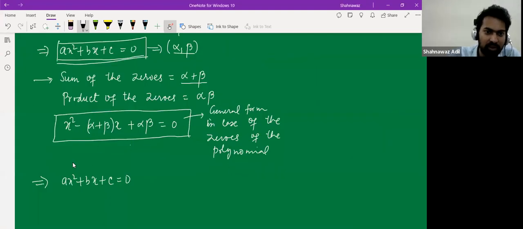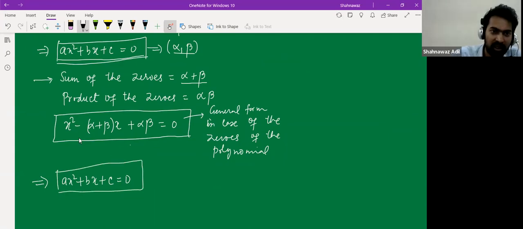So this is the general form of a quadratic equation, okay? And if you want to compare this with this, what is the coefficient of x square here? 1, right. So if I want to keep the coefficient of this as 1, what should I do?